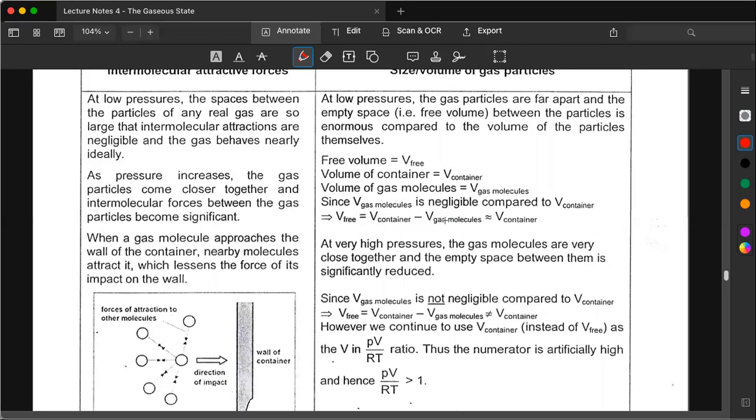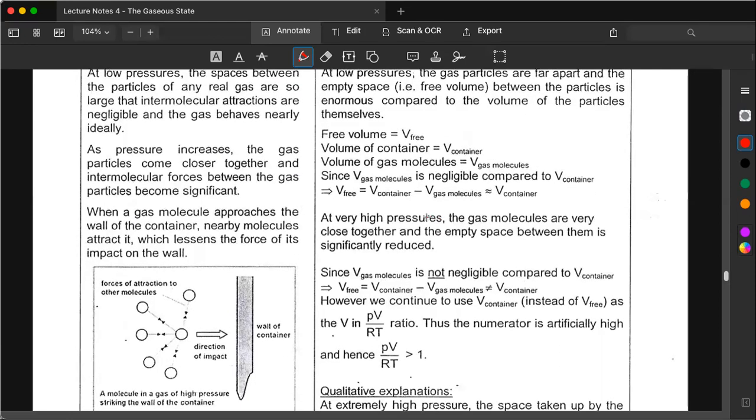Because the volume of the gas molecules is negligible, the free volume is just the volume of the container. All right, so that is how we can assume ideal behavior.